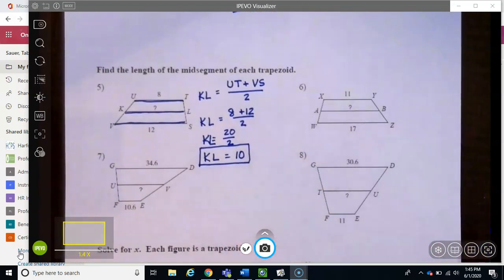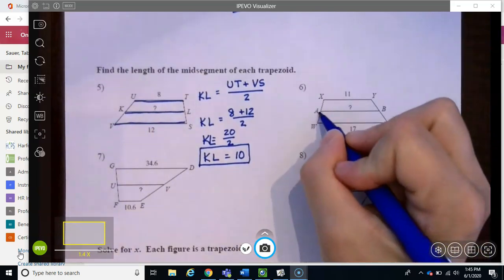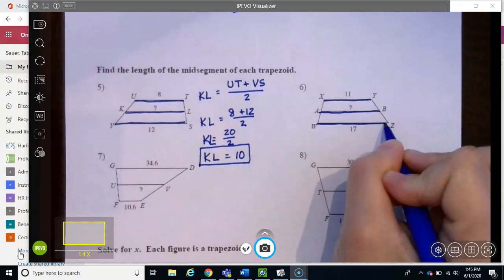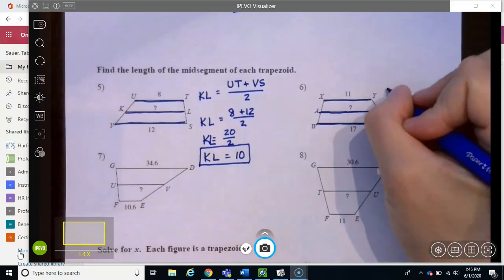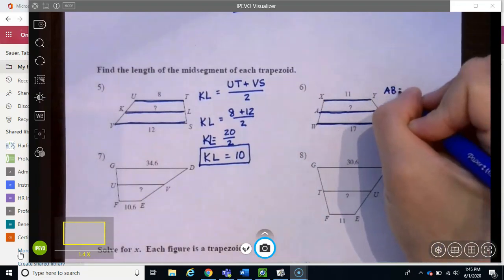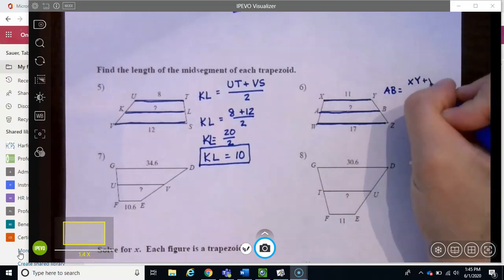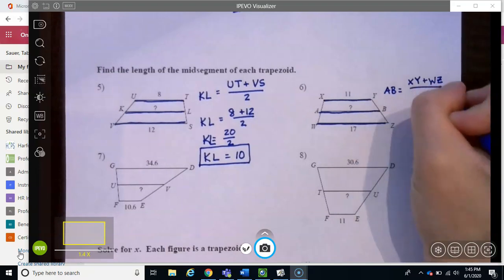Okay, let's do another. Here's our midsegment of this trapezoid. Here's a base, and here's a base. So midsegment AB is equal to base XY plus base WZ divided by 2.